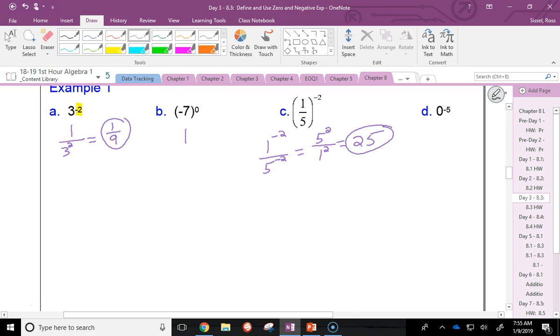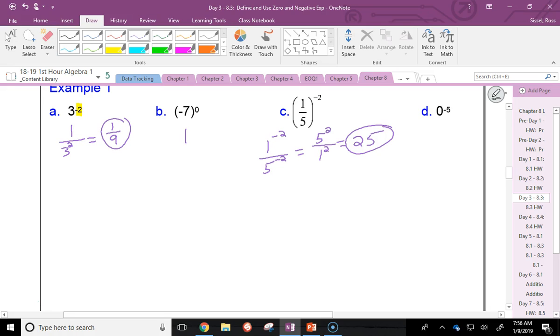Last one, 0 to the negative 5th power. Work it out. Think what you think is going to happen. It's not going to become 0. Raha? It's undefined. Why?